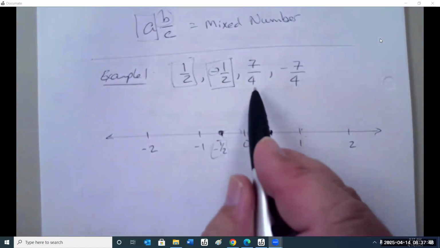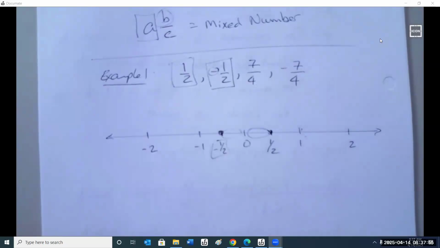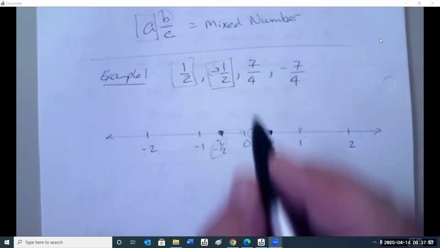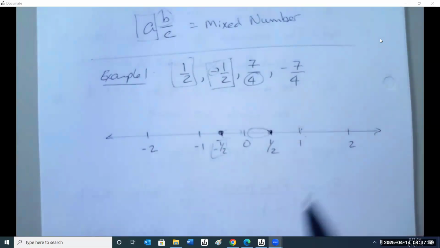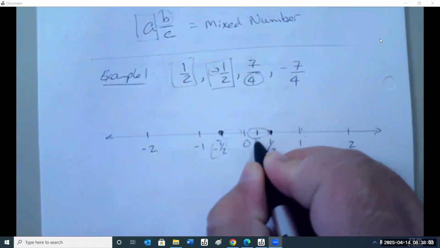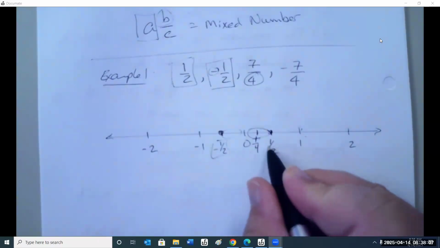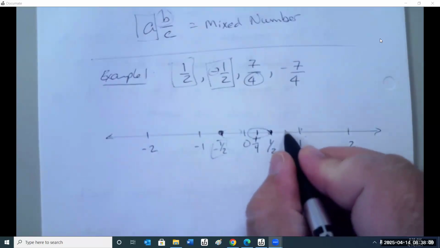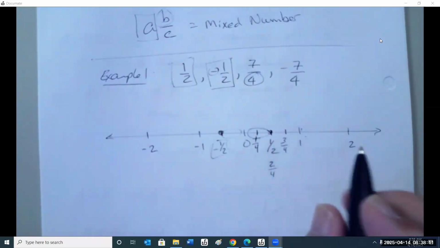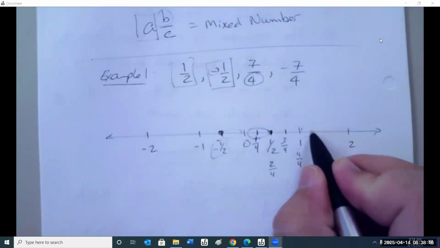What about 7/4? How many pieces do we need between 0 and 1? We need 4. So how many bars do we put in there? We have to have 1/4. This is 2/4, which is 1/2. This is 3/4. This is 4/4. Keep on going.